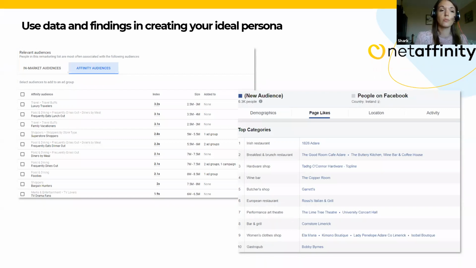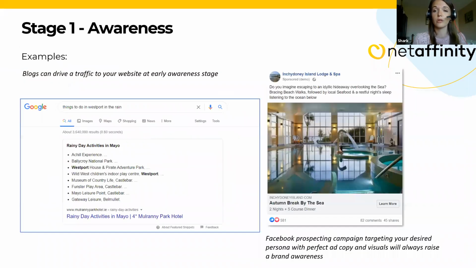When we are running brand awareness campaigns, we include input from you about your tailored persona and what you would like to focus on. But we are also doing audience research on our side, looking into Google Ads analytics and Facebook Ads insights. I have a few practical examples to share with you as well.